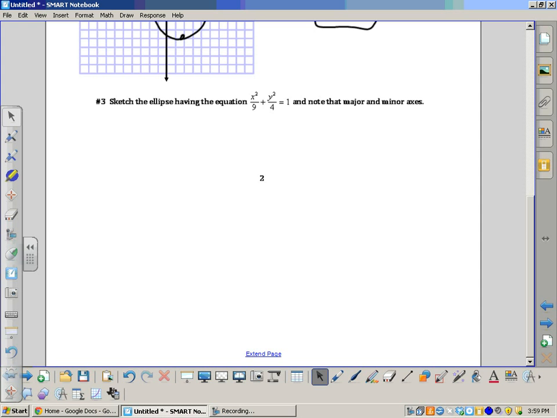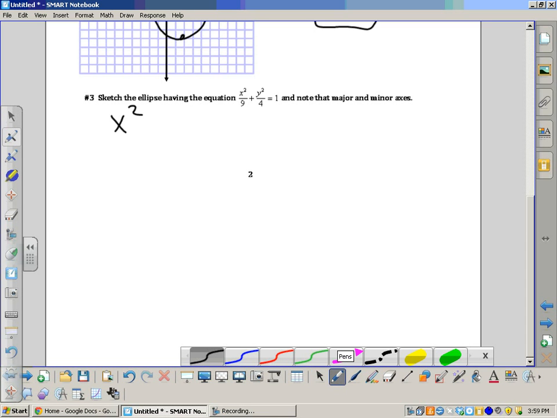This is going to be in the form x squared over a squared plus y squared over b squared equals 1. And in an ellipse, the a squared is always going to be the bigger number. So a equals 3, b equals 2.